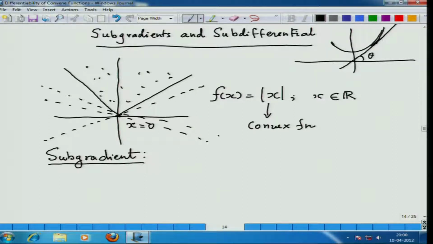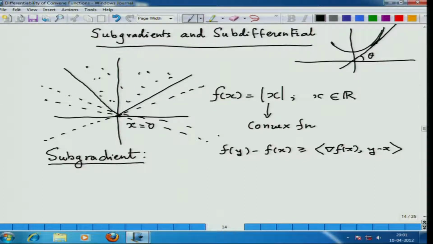Now, what does a gradient satisfy for a convex function? If a convex function is differentiable, then we have this by now well known formula. Here, if I consider each of these dotted lines as a tangent, you observe that all of these tangents are lying below the graph.